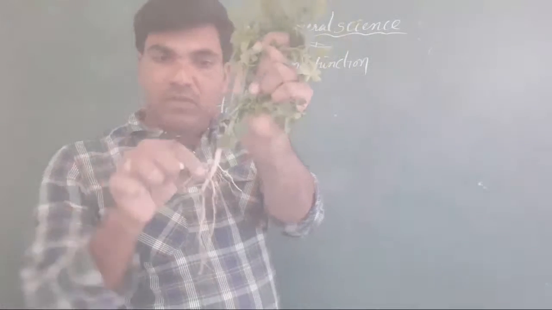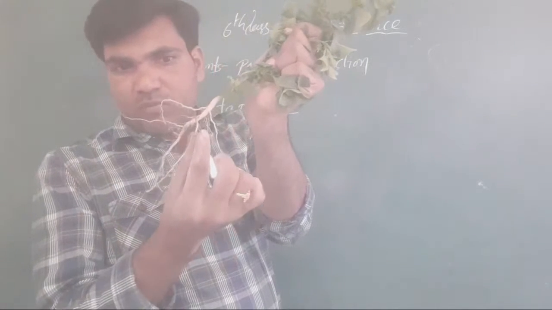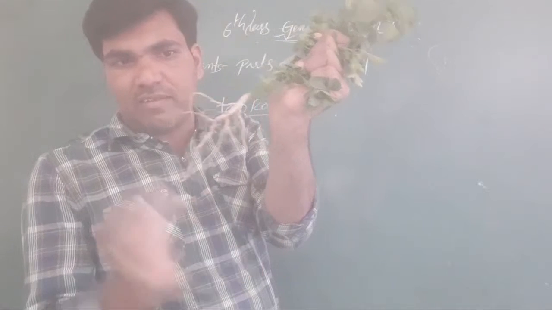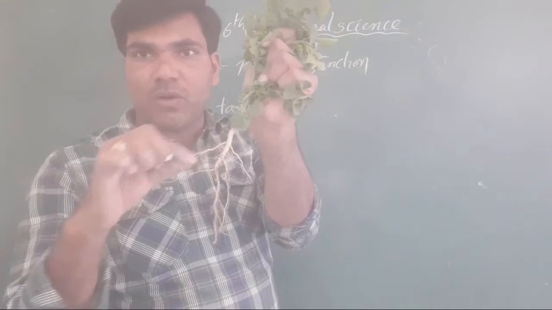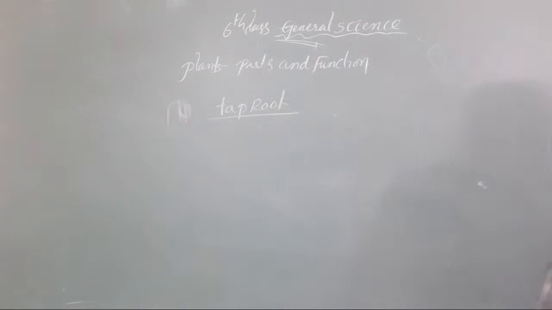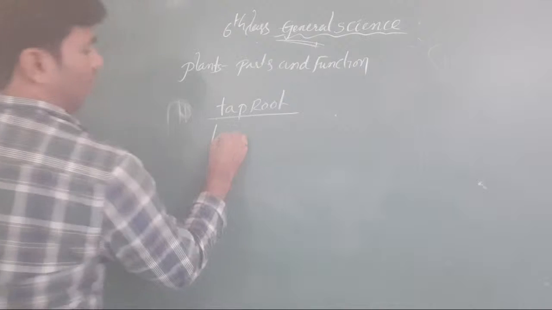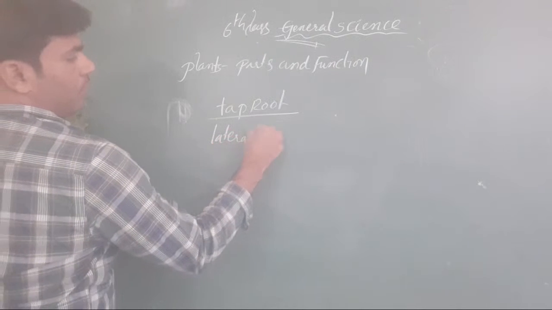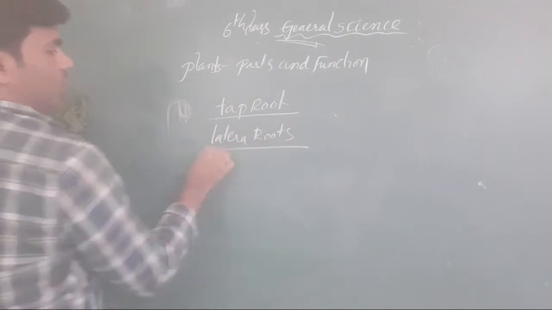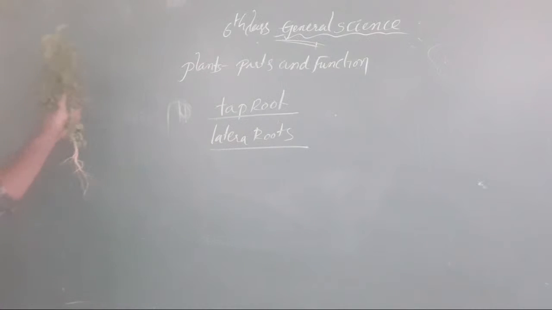And the roots that come from it, the small hair-like things like this, are called what actually? Lateral roots. All the rootlets are called lateral roots. Understood, all the students? I hope you understood.